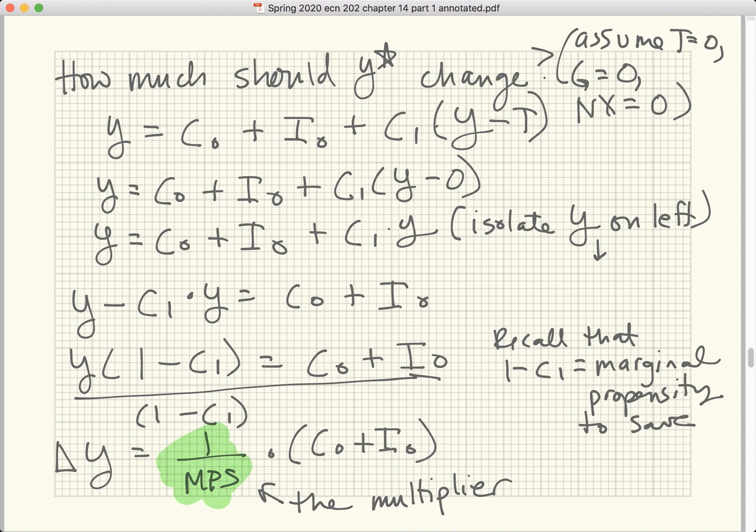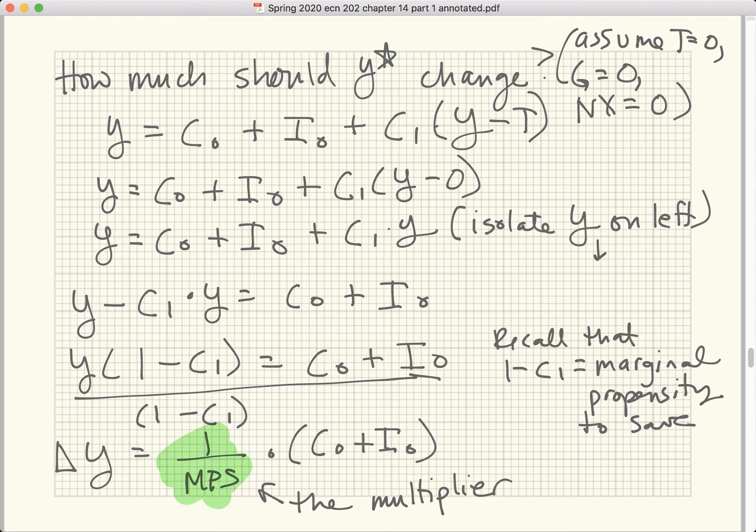If aggregate output is equal to C0 plus I0 plus the marginal propensity to consume times Y minus T, and we substitute 0 in for T, we can work this out. Y, aggregate income, is going to be equal to autonomous consumption spending plus autonomous investment spending plus the marginal propensity to consume times income. That's basically what these next two lines show.